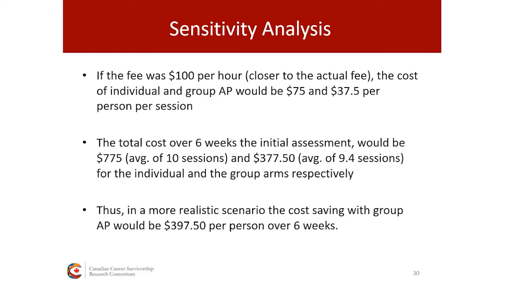So in a more realistic scenario, accounting for the actual acupuncturist fee, the total cost saving over a period of 6 weeks would be closer to $400, for the same level of quality adjusted life years achieved.